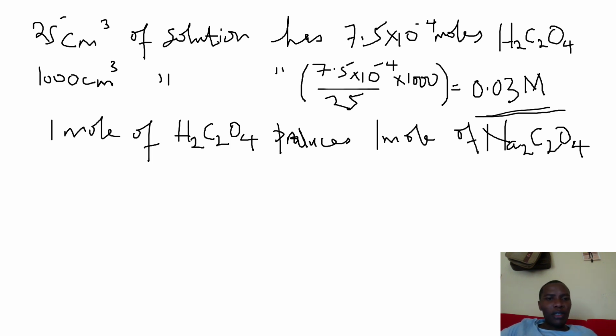So you have the equation. Let me use another color here. 2 potassium manganate 7, this one. Even if I keep quiet here, you can see what I'm doing. This is a solution.